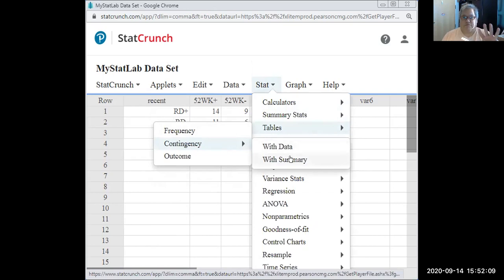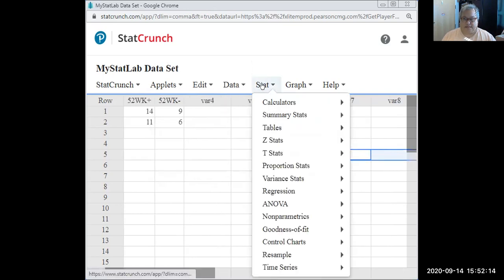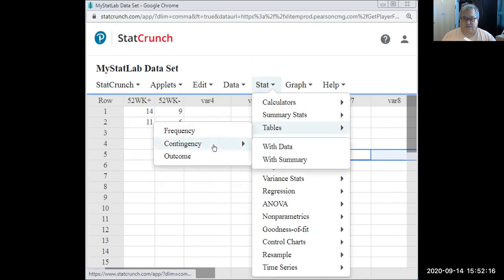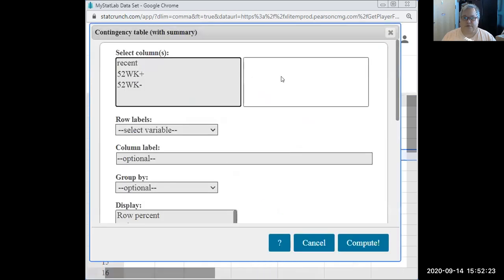So it's a 4-movement mouse sequence: Stat, Tables, Contingency, With Summary. Once I get to With Summary, that's when I left-click on that action. If I'm using a pad on an iMac, I just slide the finger around and don't click on the pad until I hit With Summary: Stat, Tables, Contingency, With Summary.